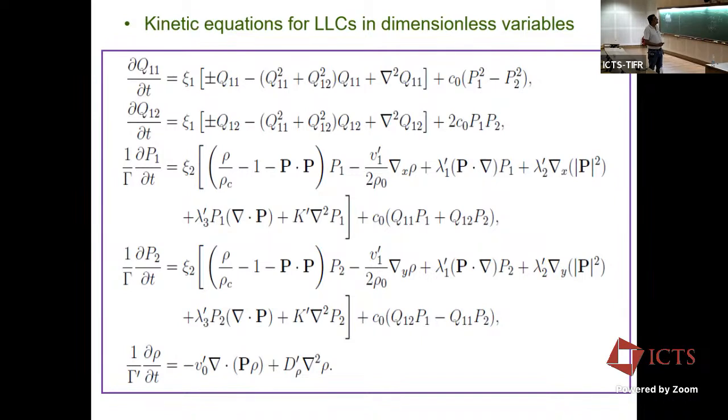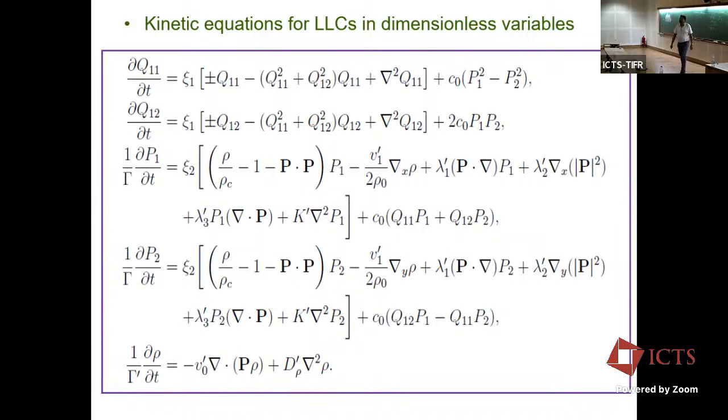Q11 and Q12 define the liquid crystal. P1 and P2 define the velocity field of the active matter. So it's dry active matter. There's no other additional fluid in it. And rho defines the density of active matter. As I understand it, in active matter, this quantity plays the role of my plus minus 1 coefficient.